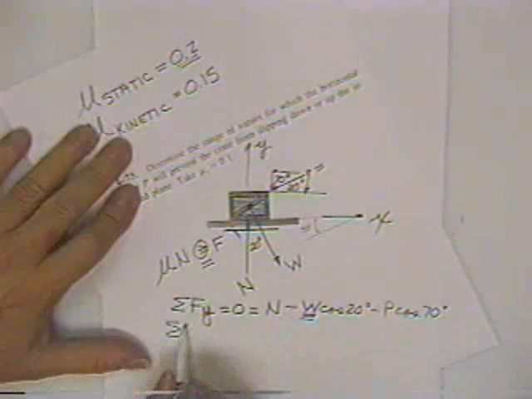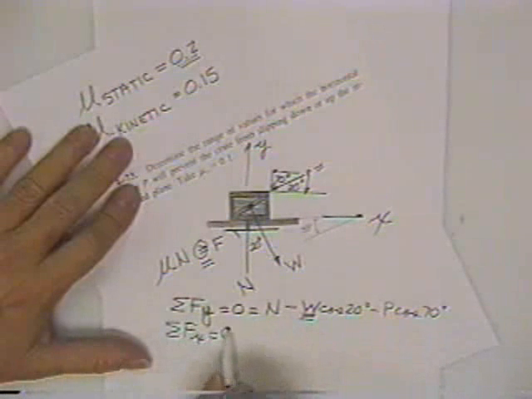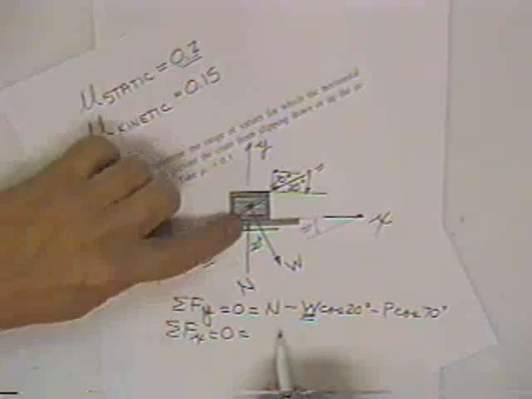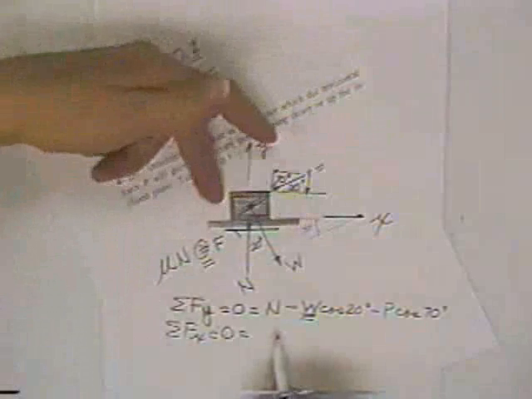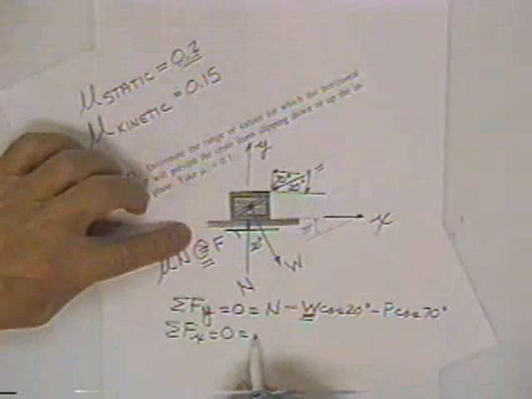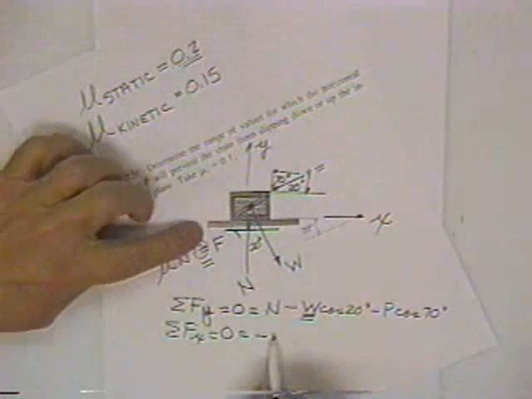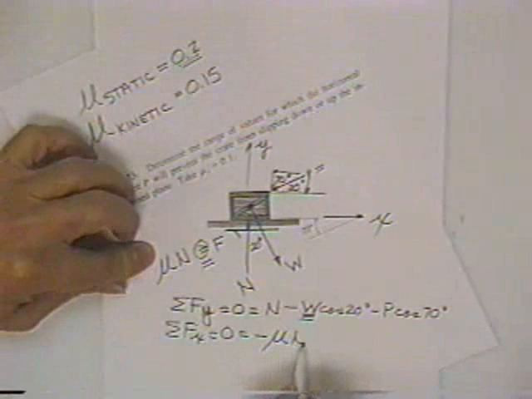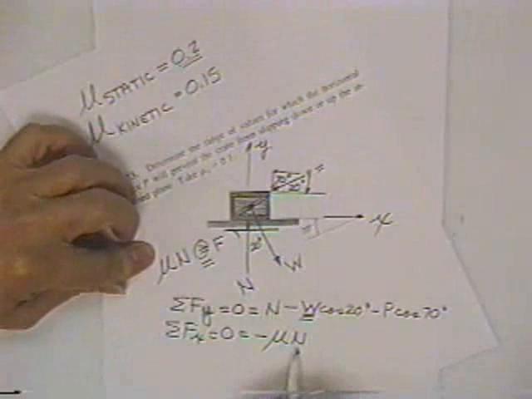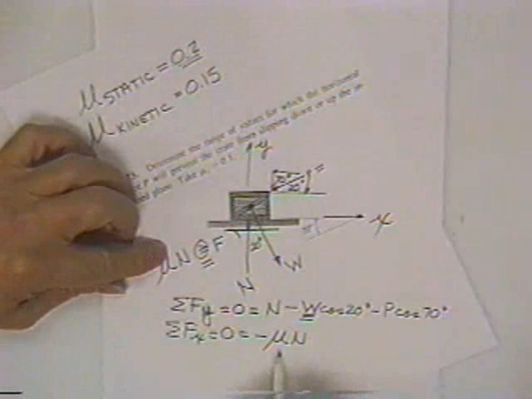Now, secondly, the sum of the forces in the x direction has to equal 0. Is equal to, the normal force doesn't have any x component, so I don't have to fool with that, minus the friction force, but that friction force is coefficient of friction times normal. That's as big as it ever gets, and I want it to get that big.